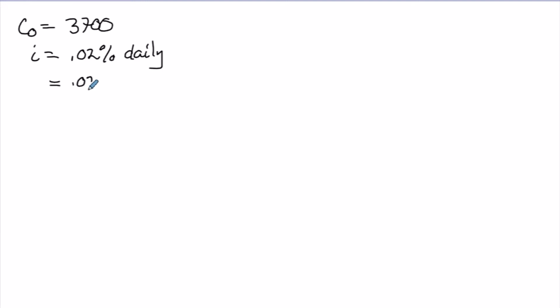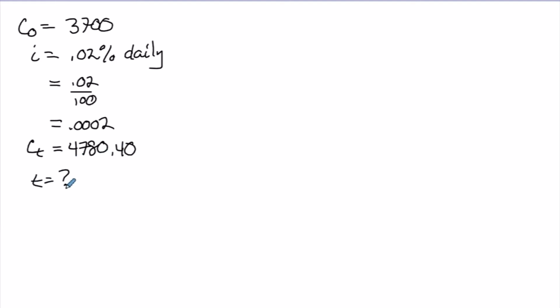So 0.02 divided by 100. To do that, we're moving the decimal place 2 spaces out, so basically adding a couple zeros. And then we repaid the loan, so our CT is equal to $4,780.40. And we're asked to find the time.